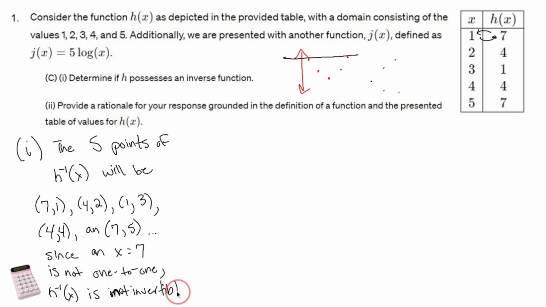So again, it's not good enough to say I did the horizontal line test and it failed. You have to explain what it means for the horizontal line test to fail. 7 maps to 2 different numbers after I flip them. 7 maps to 1 and 7 maps to 5. A function cannot map to 2 different y values. Therefore, H inverse is not a function, which means it's not invertible.